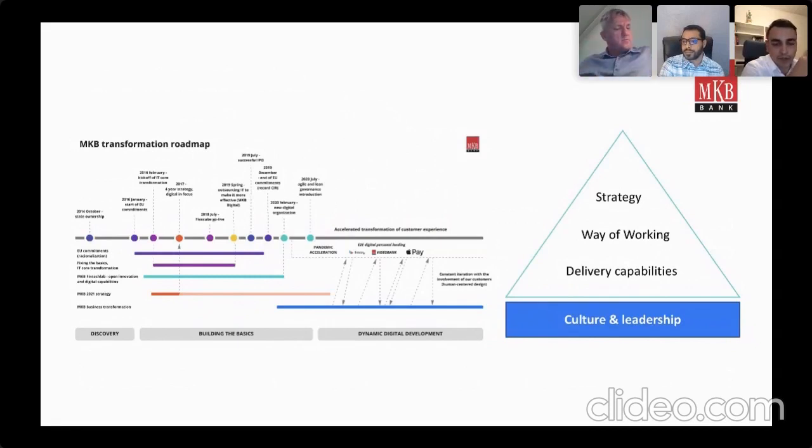So where I'm actually focusing my time is changing the leadership structure and the leadership mindset in MKB, helping our leaders be better at empowerment, better at communicating, and use radical transparency as an accelerator of change. This is something most of us, from IT or business or any other side, should focus on, because in the end, it's always a human transformation and not a digital transformation.